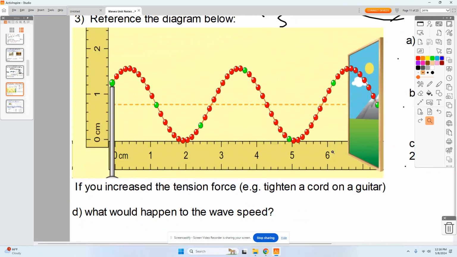Thank you. How we define amplitude is the maximum displacement from, what's that position called? That is the equilibrium position of that string. So the amplitude is the maximum displacement from that equilibrium position.